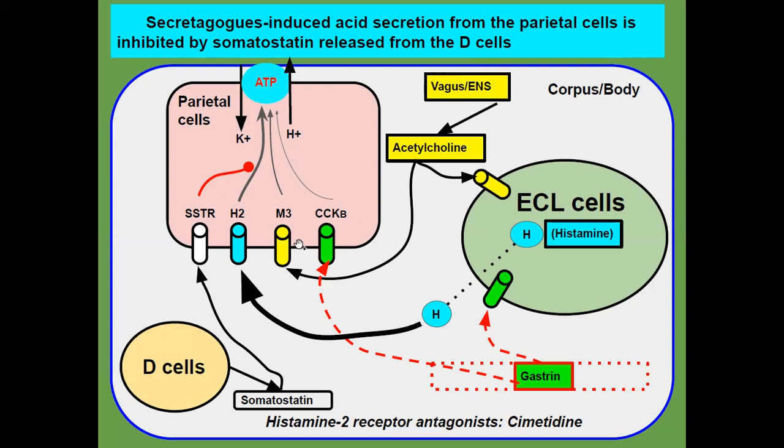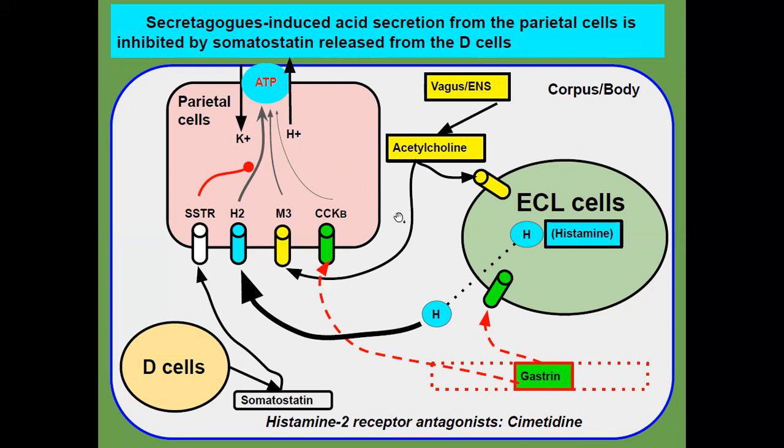Physiologists used a histamine 2 receptor antagonist, for example cimetidine, to do the experiments. Based on the final experiments, they suggested that histamine, one of the secretagogues for inducing acid secretion, plays a major role in inducing the parietal cells to release acid.